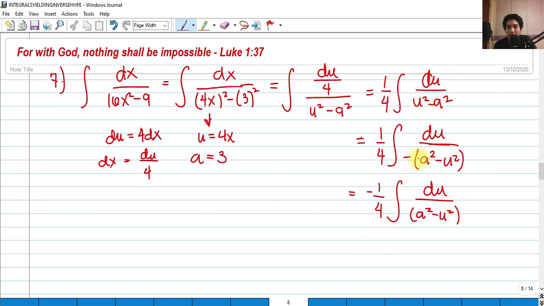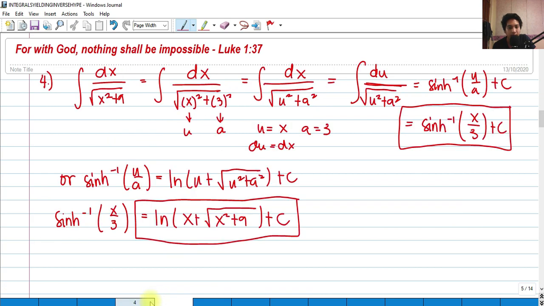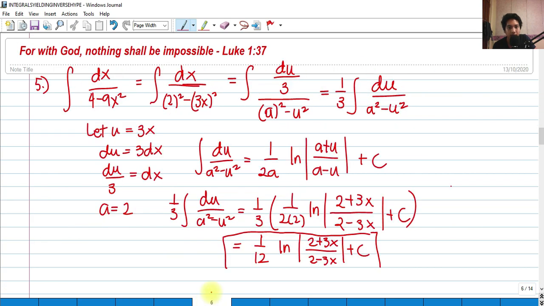We simply apply properties here, so this one is still equal to this. So we can now use the formula of du all over a squared minus u squared. We know that from our previous example a while ago involving this.